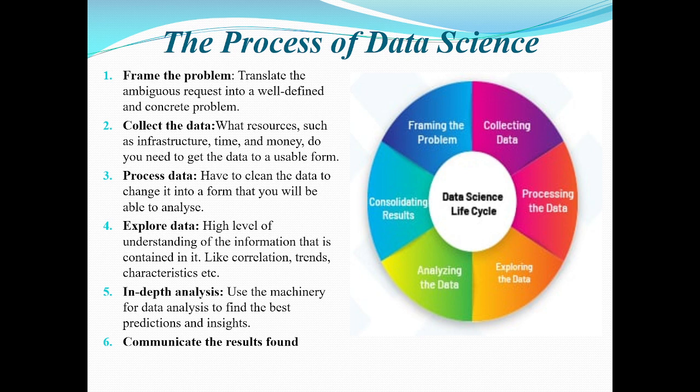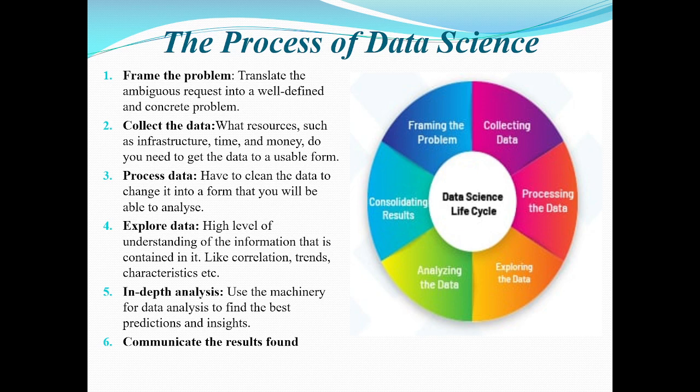So collecting data involves getting the data from the people. After getting that data, he is going to convert it into a usable form. So this is the second step involved in the process of data science.